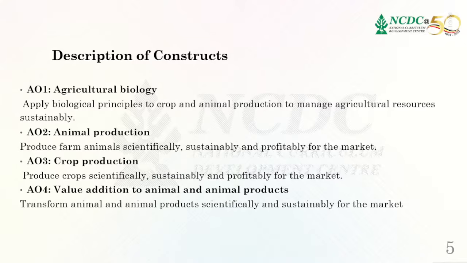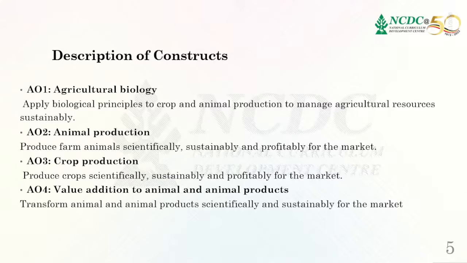That is where our description of agriculture biology lies in. And we believe that for us to have successful animal and crop production activities, we need the science. That is why we have agriculture biology as one of the constructs.